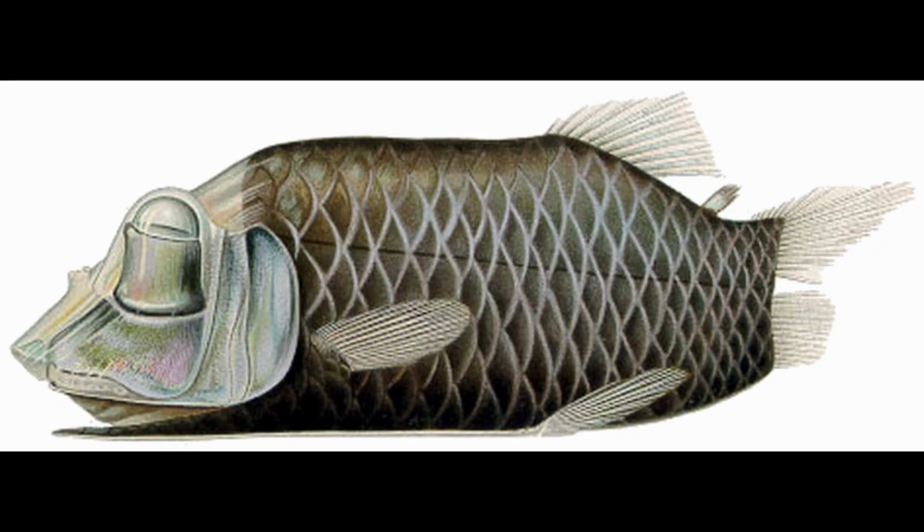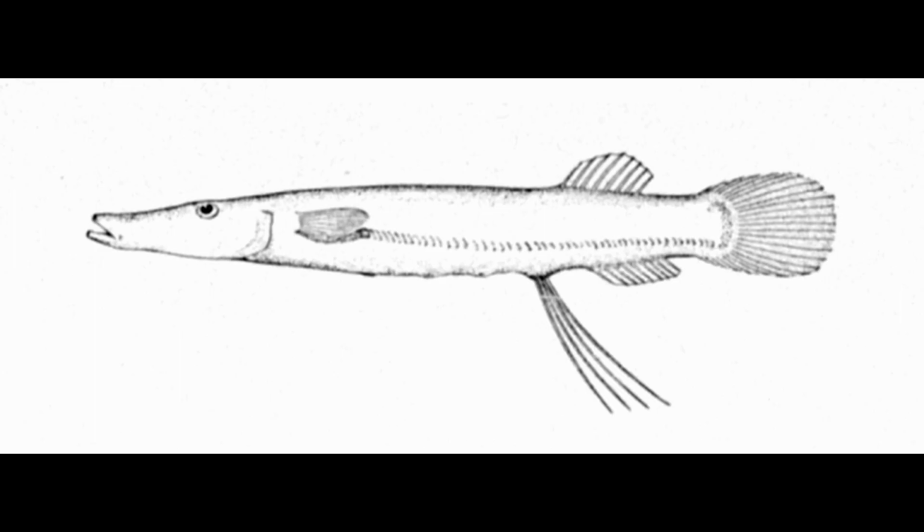Opisthoproctis and Macropinna would be examples of this. Then you've got the slender and elongated, a little bit longer, a little bit thinner, tube-like in a way. Examples of these would be Dolichopteryx and Bathylychnops.